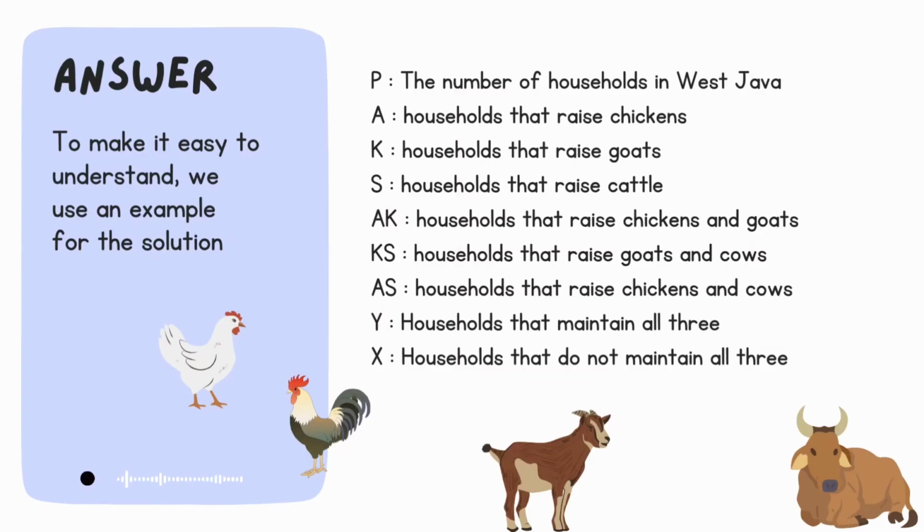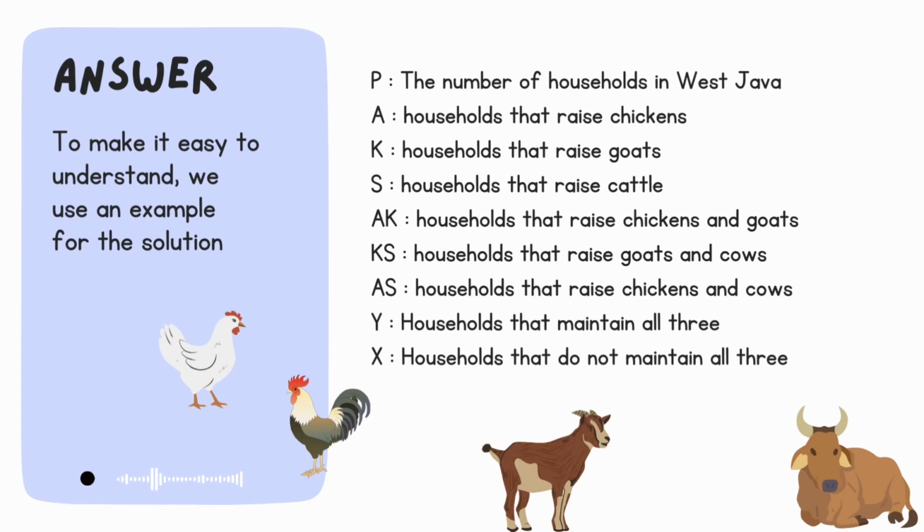In the answer, to make it easy to understand, we use an example for the solution. Let B be the number of households in West Java. A is households that raise chickens. K is households that raise goats. S is households that raise cattle. AK is households that raise chickens and goats.